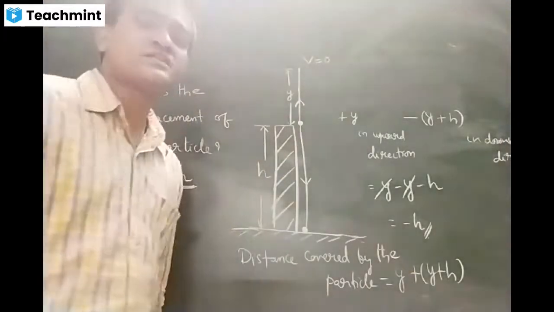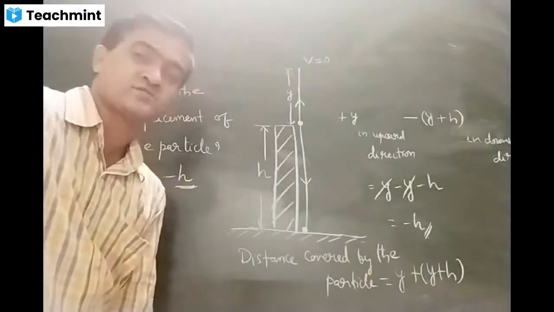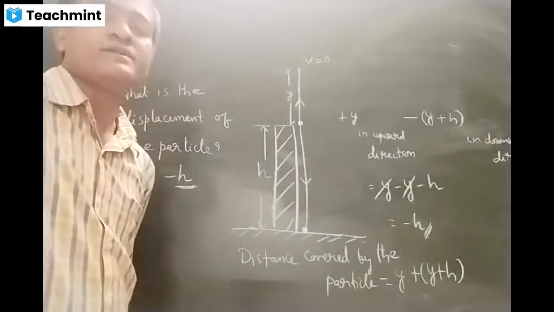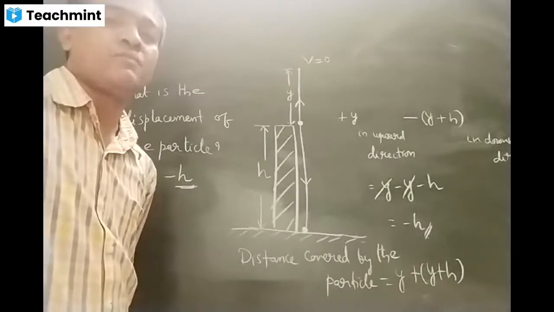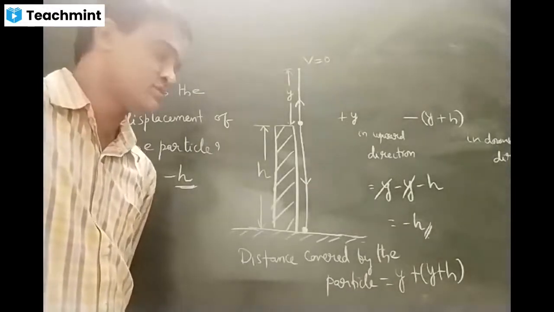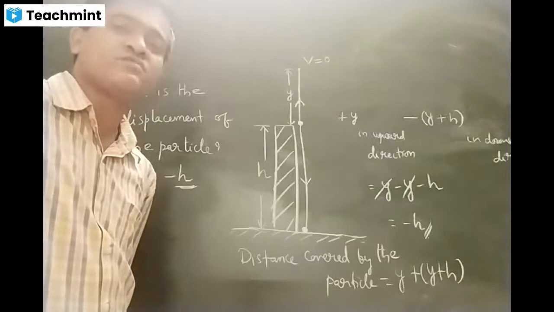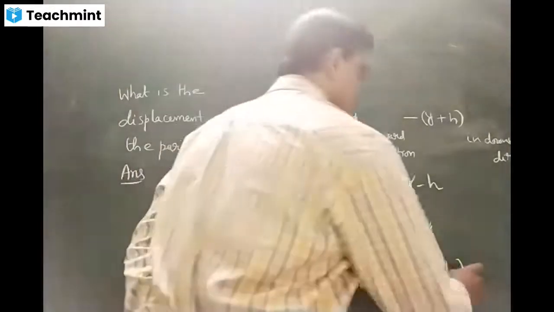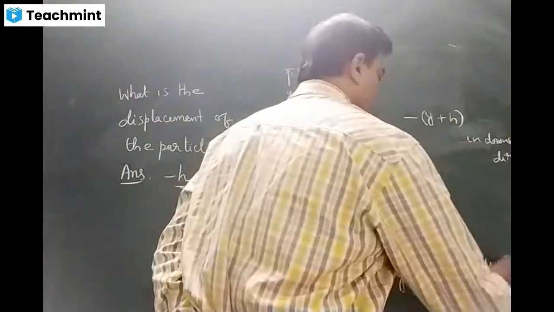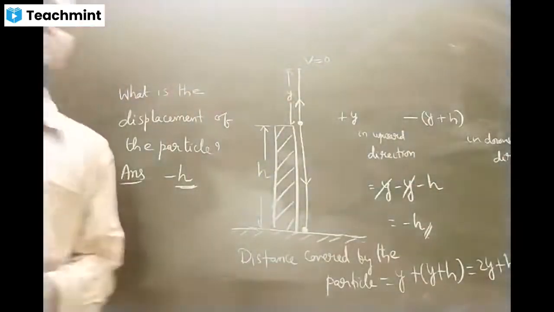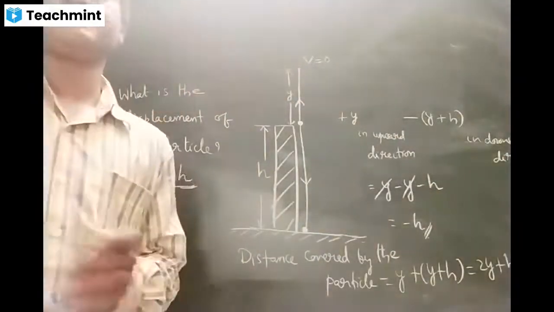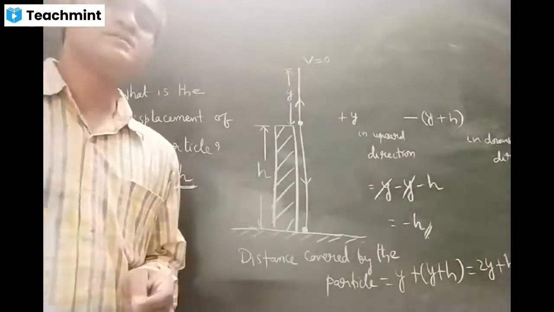It's a scalar, so there is no involvement of direction. I just sum up the upward distance and downward distance. So y plus of y plus h comes out to be 2y plus h. This is the distance covered by the particle.